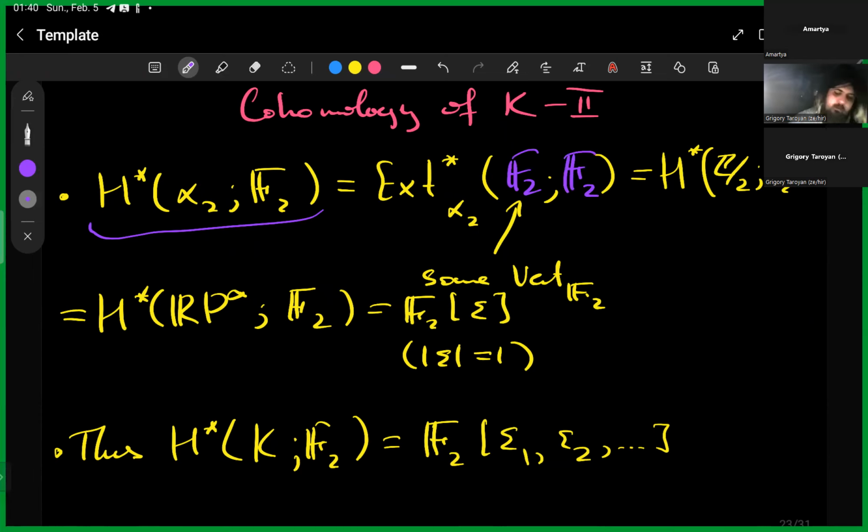is actually equal to the cohomology of Z2 with coefficients in F2, which, as we know, is just the ring of polynomials generated in degree 1. So the cohomology of K with coefficients in F2 is isomorphic, at least with some grading, to the ring of polynomials where each generator has degree 1.